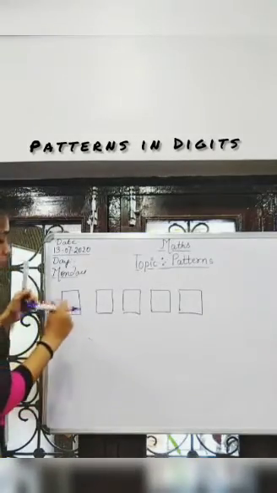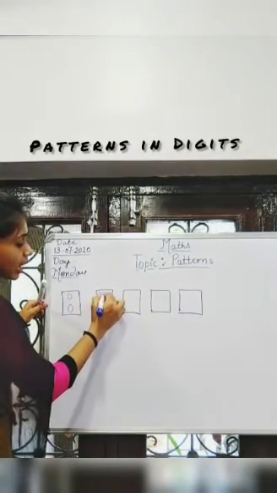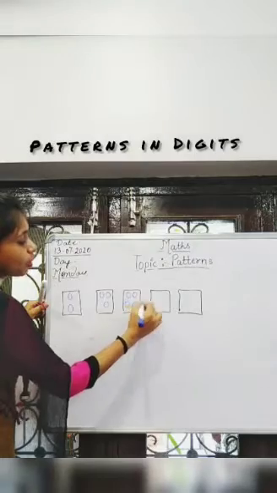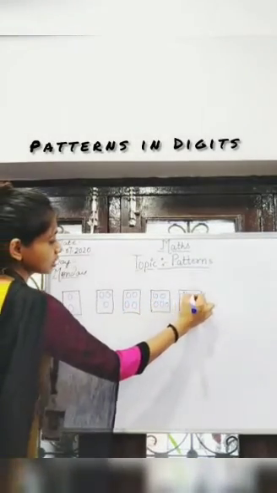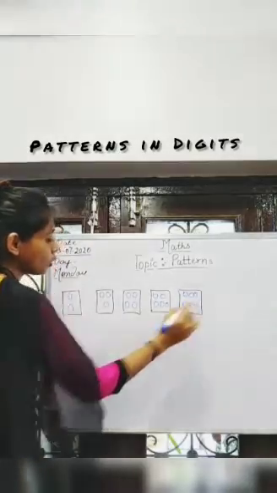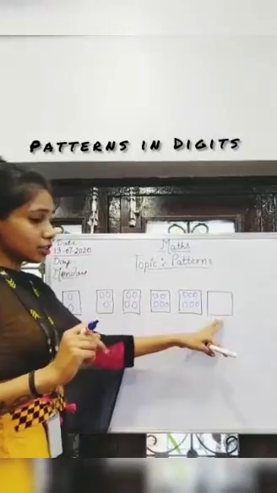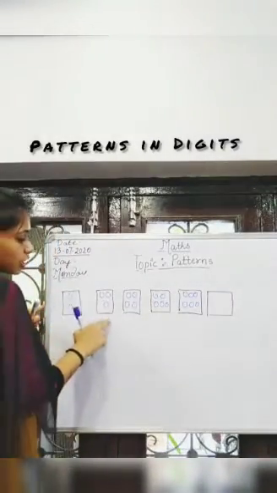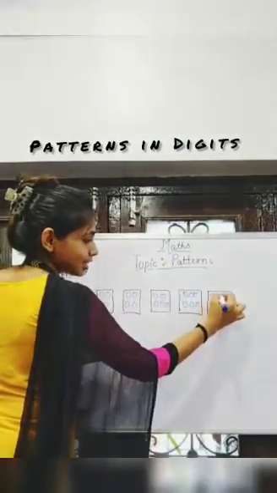On the first one I have 2 circles, on the second one I have 3 circles, on the third one I have 4, this one 5, this one 6. Now you tell me how many circles we will draw on this flashcard. Here we are following 2, 3, 4, 5, 6, and here 7.